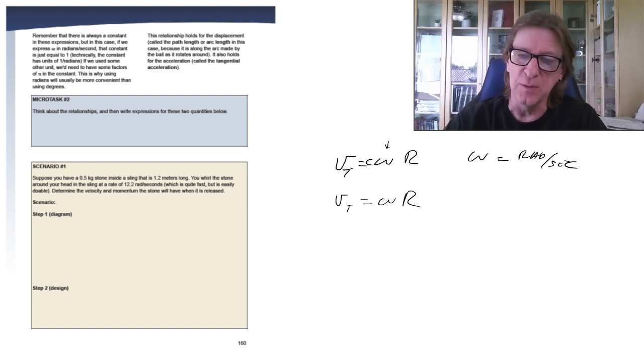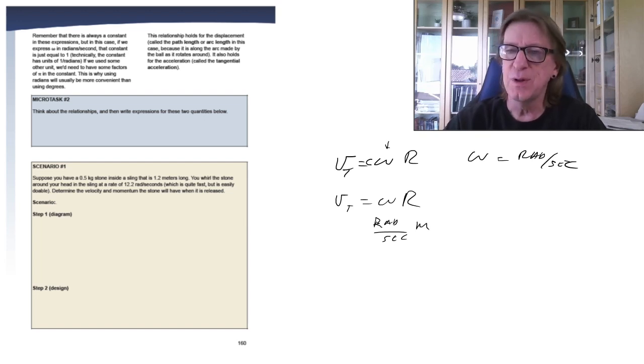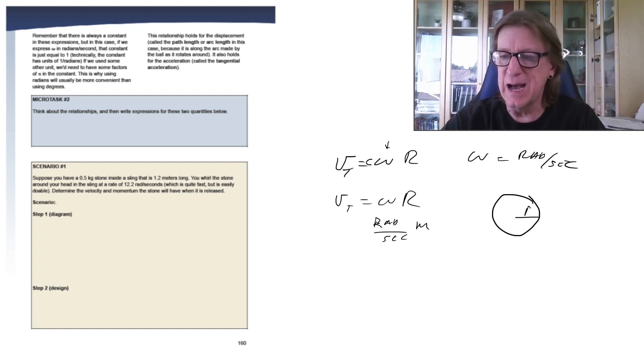Now, you may complain that, well, this is radians per second and this is meters. What happened to that radians, right? Well, it turns out you can think of radians as being a throwaway dimension, because all it is telling me is how many radii it takes to get around that circumference.